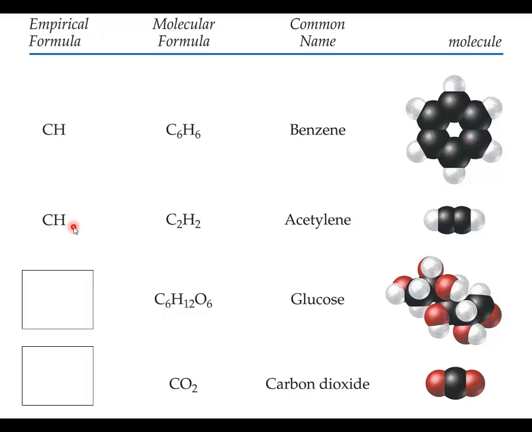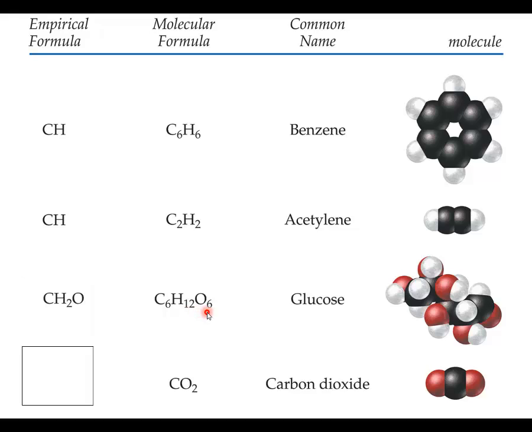Let's consider a case where we have glucose. Now glucose will have a different empirical formula than benzene and acetylene, but let's take a look at it. The actual molecular formula for glucose, which is blood sugar, is C6H12O6. There's 6 carbons, 12 hydrogens, and 6 oxygens. If I have my simplest whole number ratio, I can divide each of these subscripts by 6, so I get 1 carbon, 2 hydrogens, and 1 oxygen.